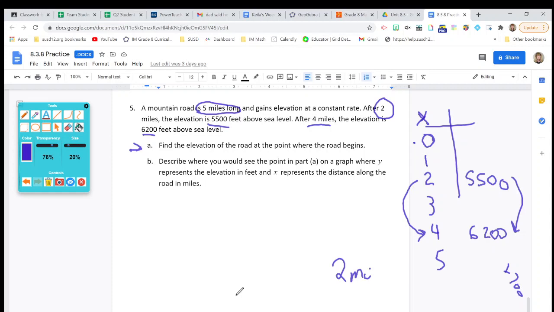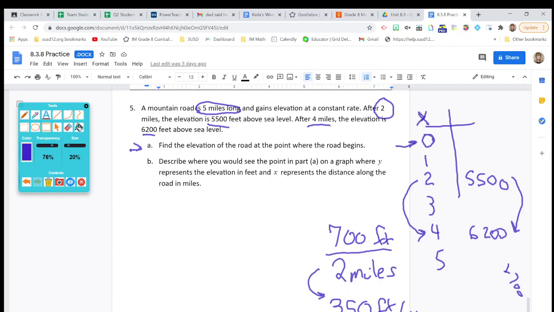In 2 miles, the elevation gained 700 feet. Go ahead and make a ratio. That was a 700-foot gain in 2 miles. And if I simplify that, I find that the road's elevation is increasing at a rate of 350 feet per mile.